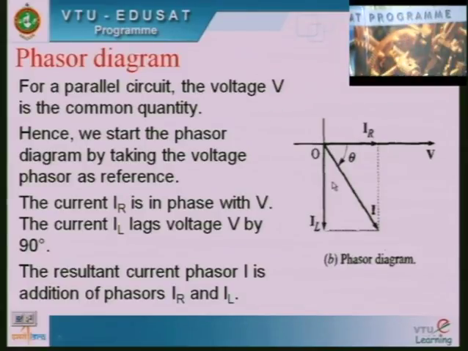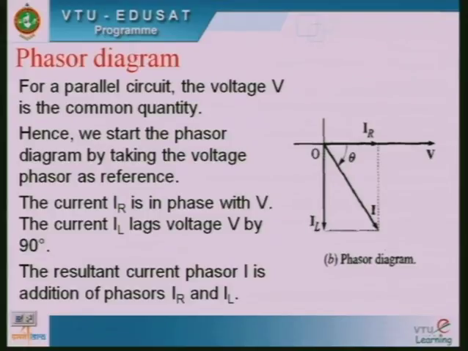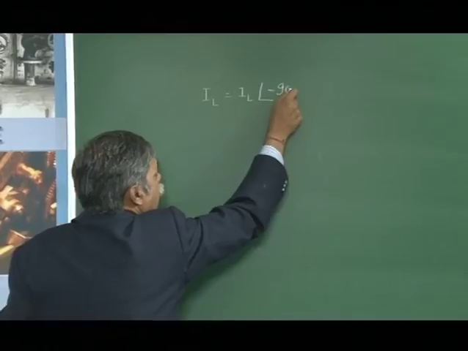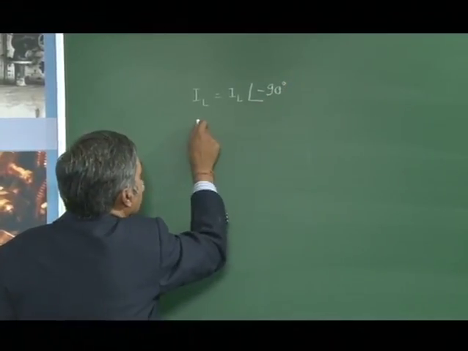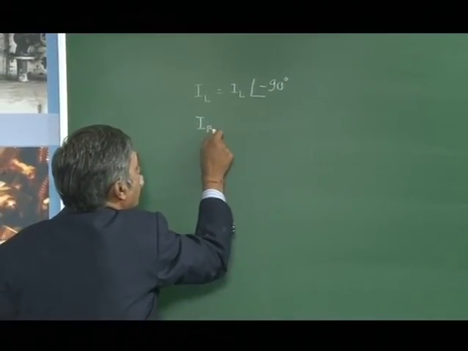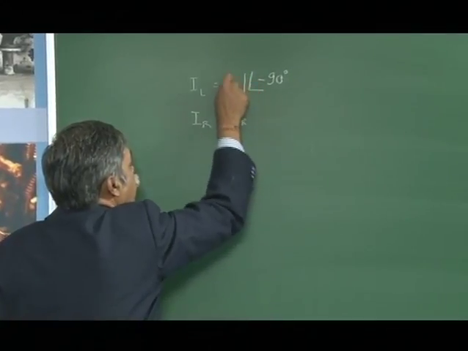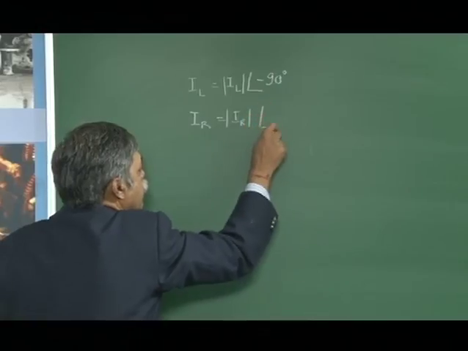So, in a parallel combination, the current through the inductor will have a magnitude of IL and lags behind the voltage, the reference vector, by 90 degrees. Similarly, the current IR will be in phase with the voltage, therefore I write IR magnitude at an angle of 0 degrees.